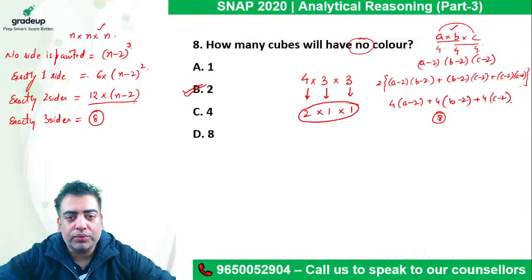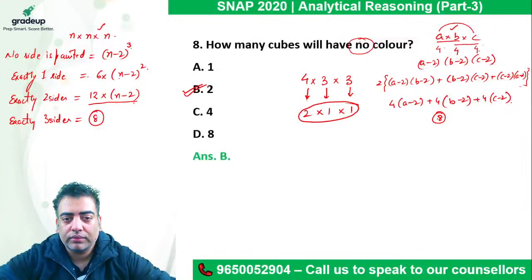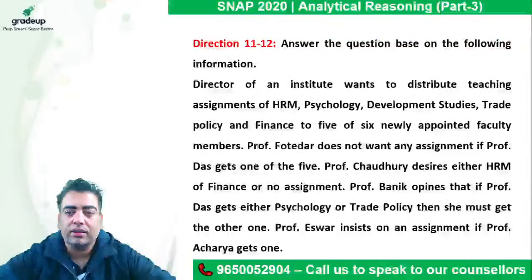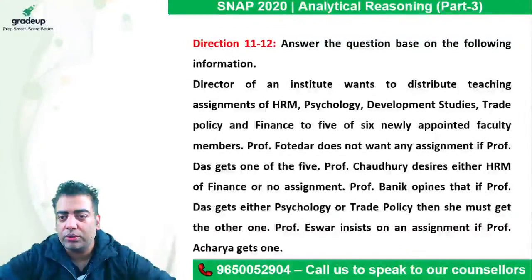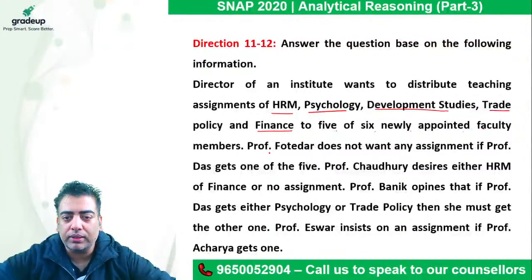Okay, so let's move on. Here it says the director of an institute wants to distribute teaching assignments of HRM, psychology, development studies, trade policy, and finance to 5 of 6 newly appointed faculty members.